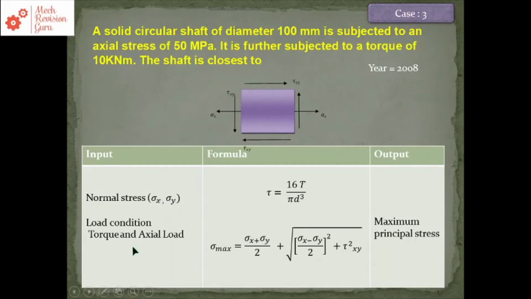Instead, they are giving the load condition, which in this problem is the torque. From the torque, we need to find the shear stress in the shaft. Then we use the shear stress in the formula for determining the maximum principal stress.